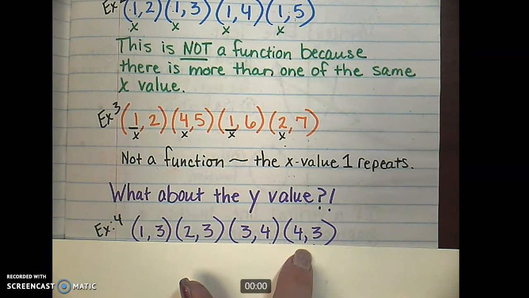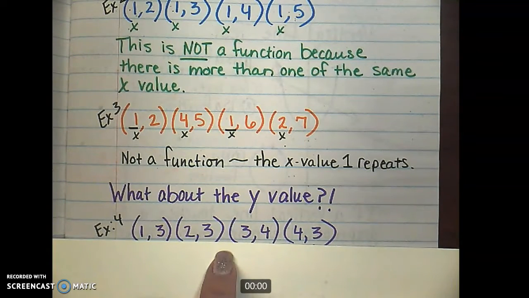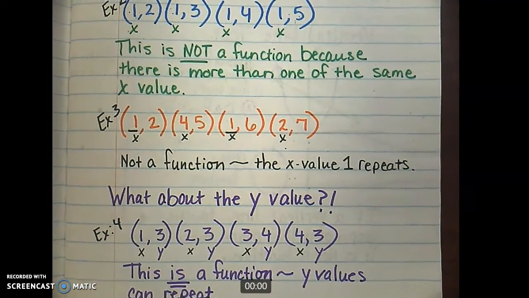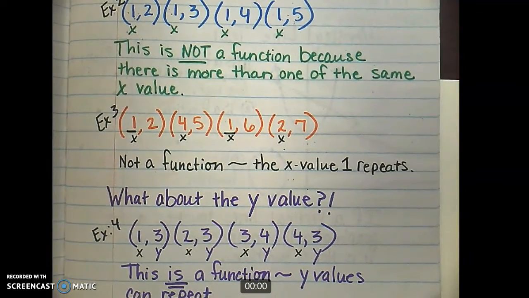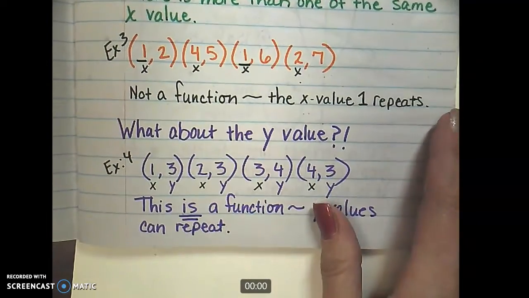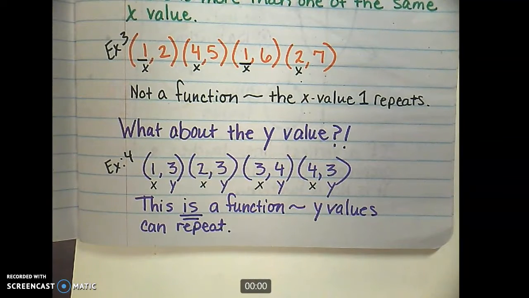It does not matter. Okay? We are not concerned with the y value, only the x value. So would this be considered a function? Yes. Very good. This is a function. It's okay for y values to repeat.